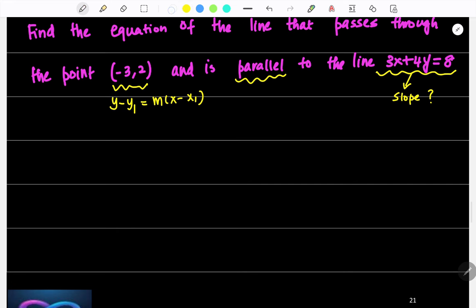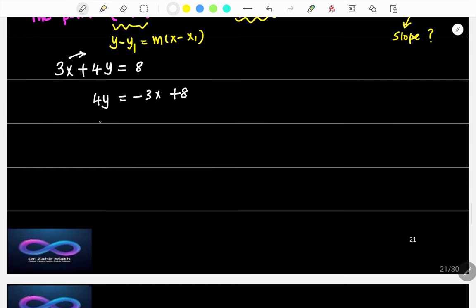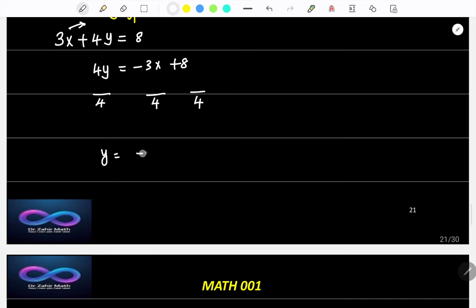So let's go to the solution. So 3x plus 4y is equal to 8. So 4y is equal to, bring that side, negative 3x plus 8. So divide by 4, divide by 4, divide by 4. So y equals minus 3 by 4x plus 8 by 4, which is 2.